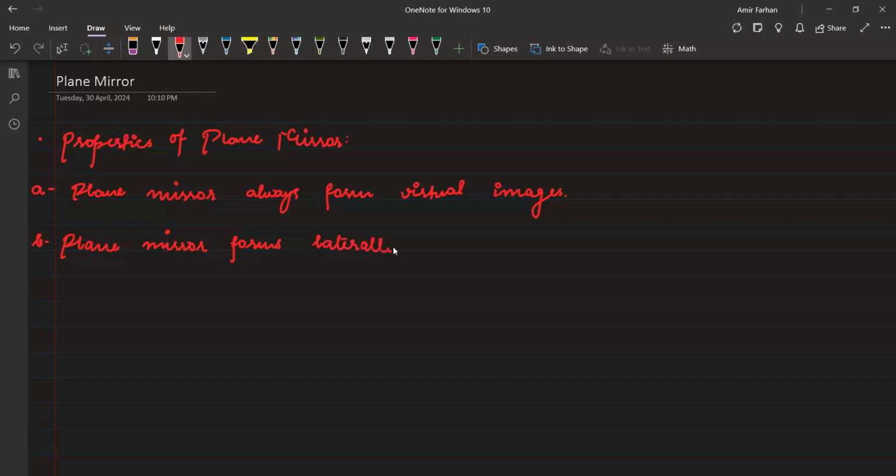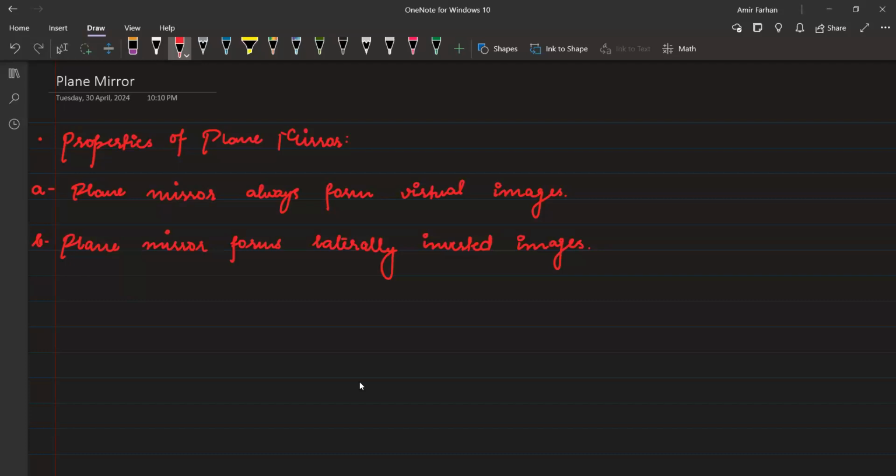Laterally inverted, I will tell you what it means basically. Laterally inverted means that your right appears to be your left and your left appears to be your right.